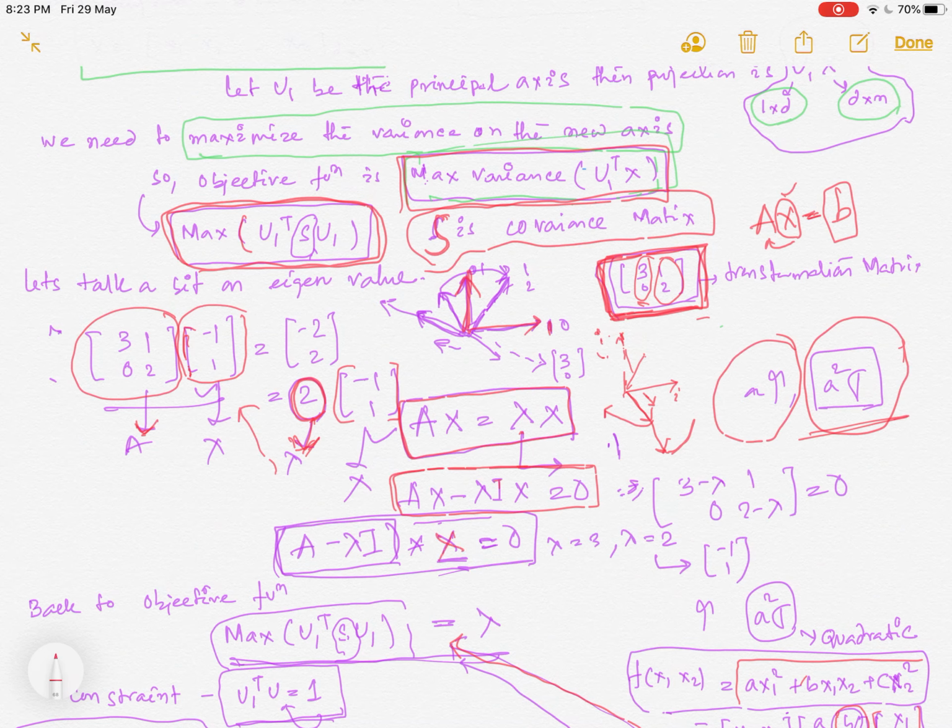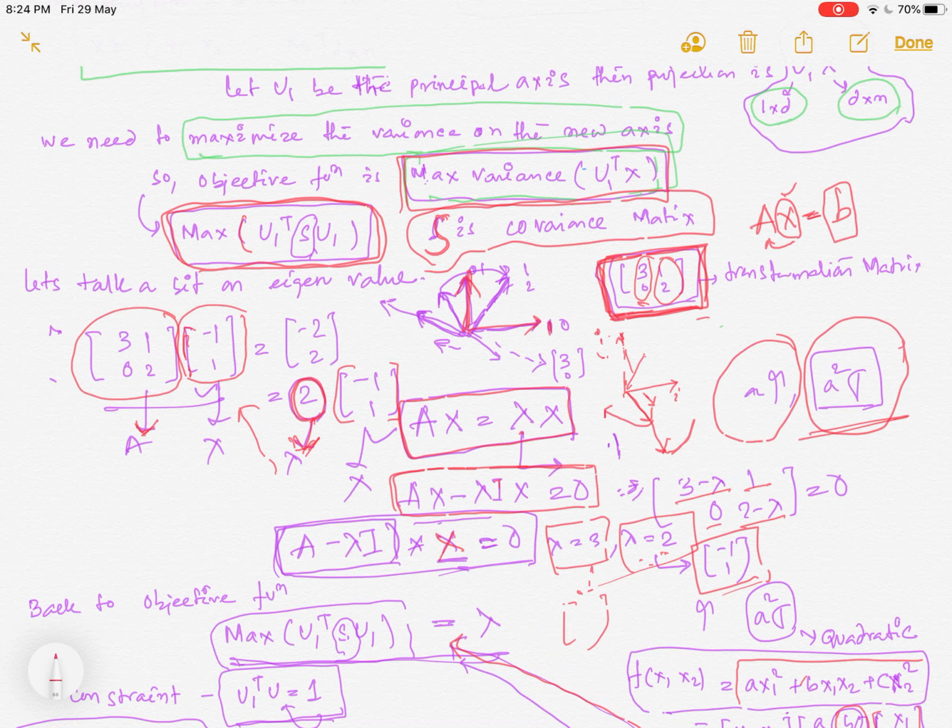If we take x out, we will have (A minus lambda I) x = 0. Let's substitute the values. So it will be [3 minus lambda, 1; 0, 2 minus lambda]. From here we will get lambda = 3, lambda = 2. If we substitute the value 2 for lambda, we will get this particular vector (-1, 1). Similarly, for the other eigenvalue 3, we will get another eigenvector.